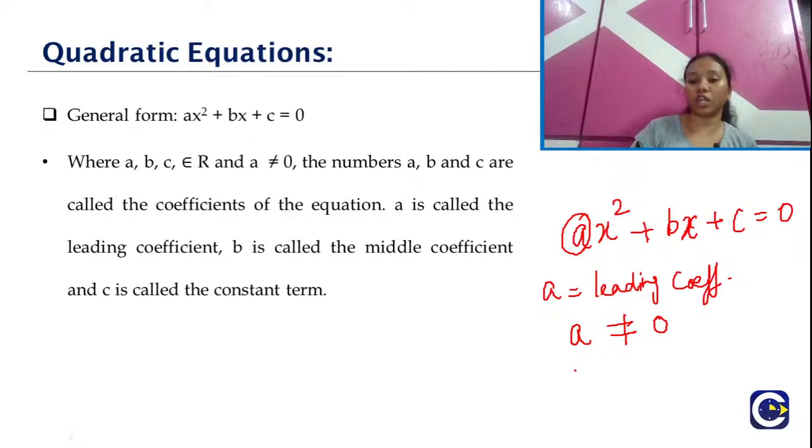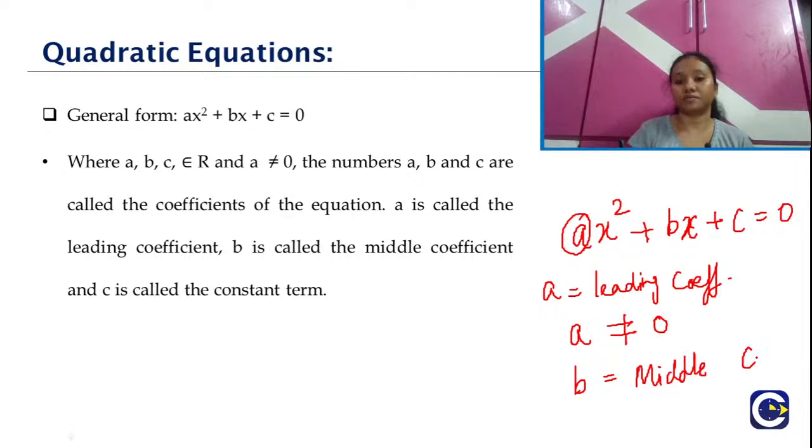And what about b here? b is the coefficient of the middle term, so we can call b the middle coefficient. And what about c? C is our absolute constant term.